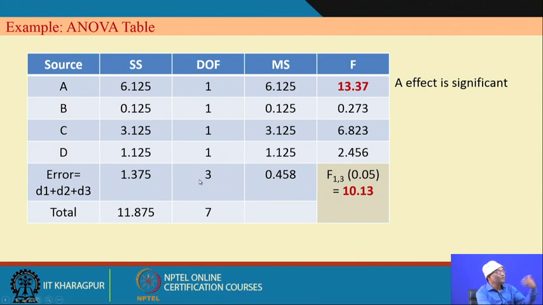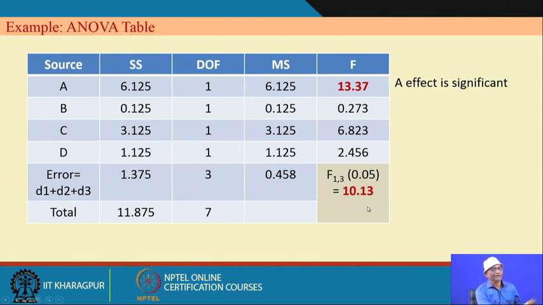Now, using the usual ANOVA procedure, find out the mean square, which is sum of squares by degrees of freedom, and then your MS error is 0.458. Then find out the F value, which is MS effect by MS error. For A it is 6.125 divided by 0.458, which is 13.37. In this manner the F values are computed.